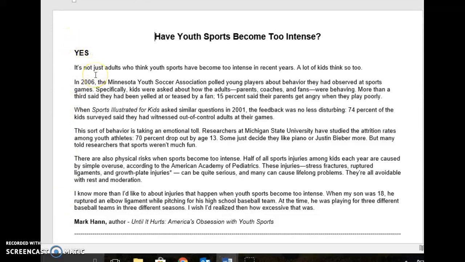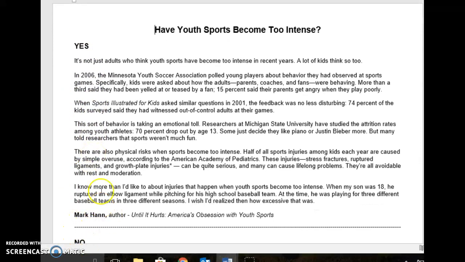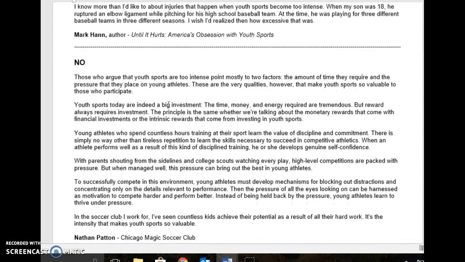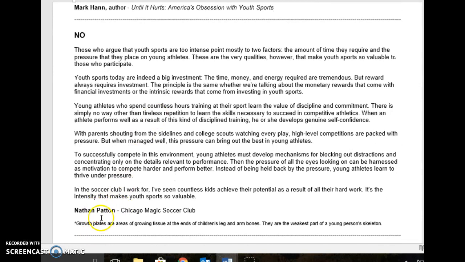So you're going to mark the author's claim, the author's reasons, and the author's evidence for Mark Han, who says, yes, youth sports have become too intense. Then you're going to read the second article by Nathan Patton, who says, no, youth sports have not become too intense. You're going to mark his claim, his reasons, his evidence, all of which support his argument.